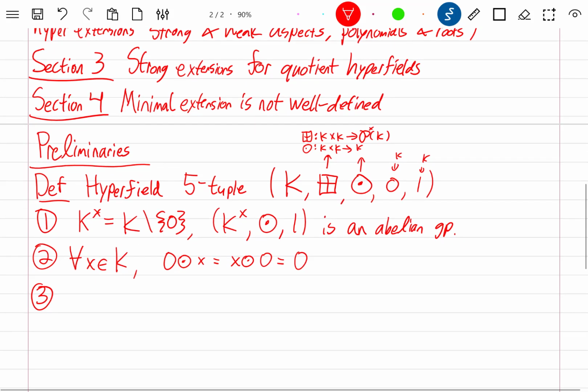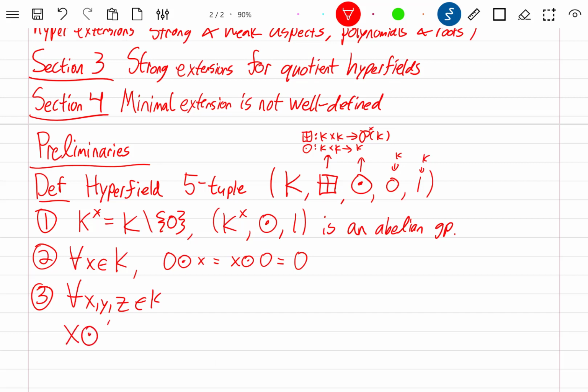And it plays with addition, whatever addition means, in the usual way. We have our distributive laws. If I have x, y, z in K, we require that x times (y plus z) really should just be x times y plus x times z.